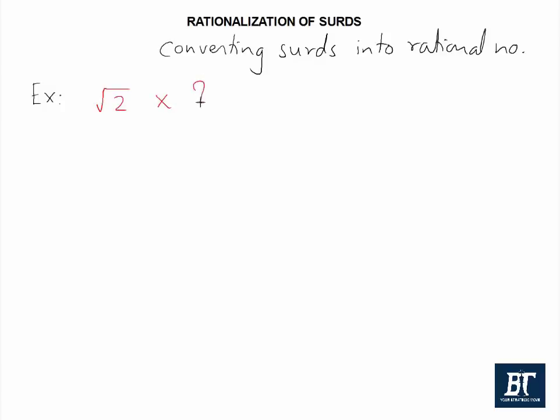So tell me, what should we multiply it with to get a rational number? A logical answer is, if you multiply this by root 2 itself, we get 2. Now this is a rational number. So this is called rationalization and this multiplier is called rationalizing factor.